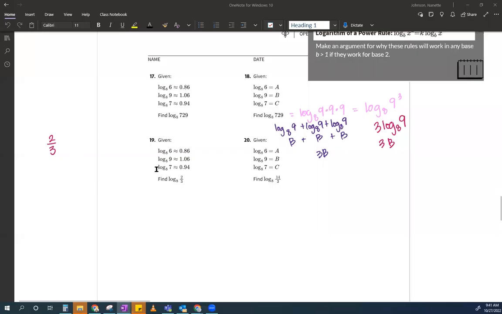Okay, so in order to build 2/3 from 6, 9, and 7, I saw 6 over 9 as 2/3. If you didn't see that, the way my brain said was, the only way I can get from a 2 to something is a 6. So that has to be equal to 6 over something.